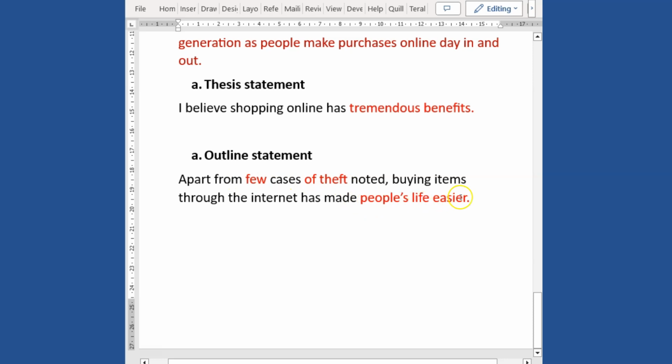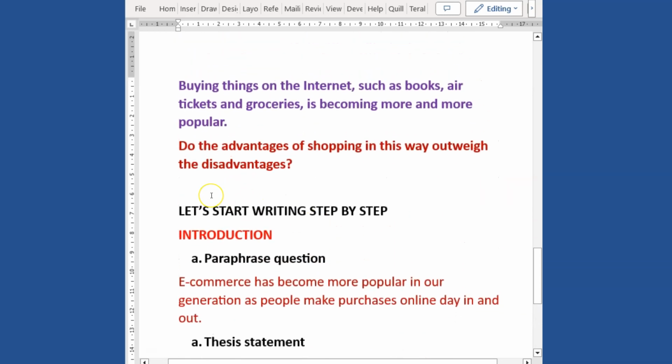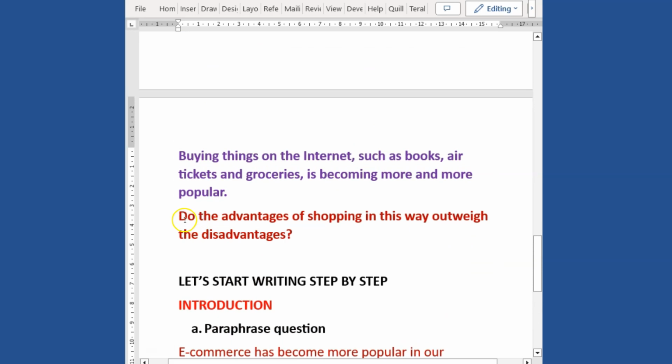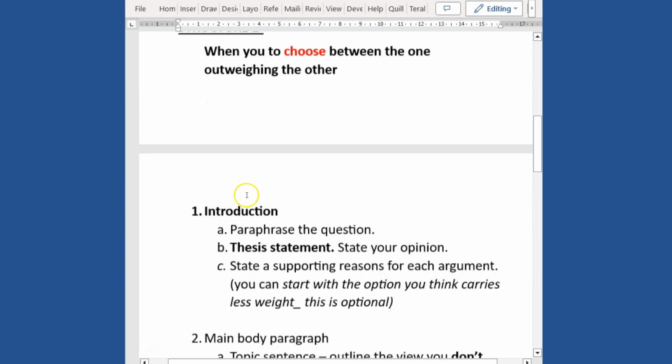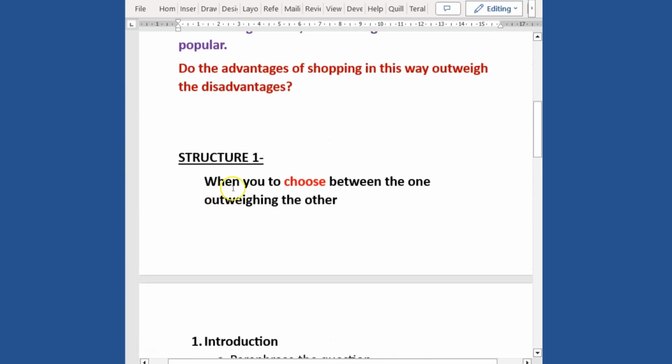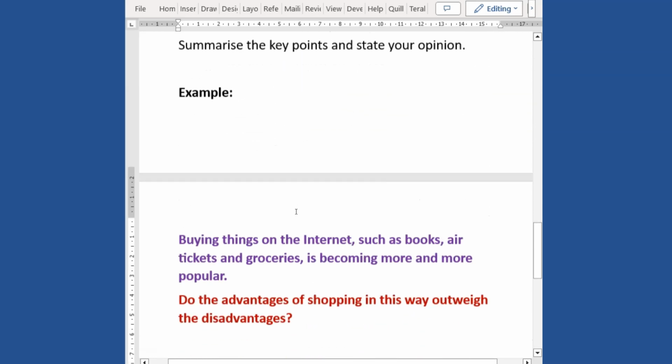But I'm going to magnify the advantages over the disadvantages, because that is where I stated that it has tremendous benefit. Remember, we are talking about whether the advantages outweigh the disadvantages, and we are dealing with the side where you have to choose between one which outweighs the other. So that's what we are dealing with right now.